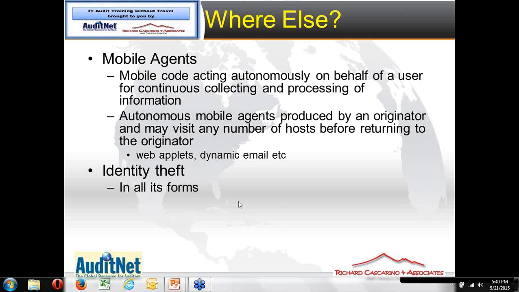So, where else do we worry? Well, big advent these days is on mobile agents. Mobile code acting autonomously on behalf of a user to do continuous collecting and processing of information. And again, that mobile agent can be created by, for example, myself, and go out and visit a whole number of hosts before coming back to me.